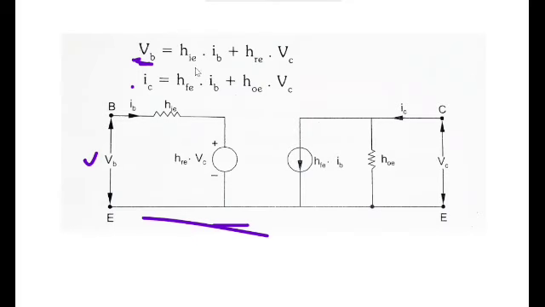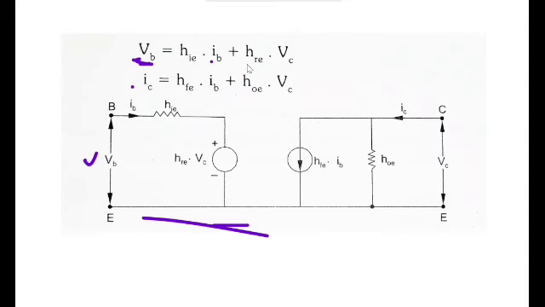In H11, it is HIE, the input impedance in emitter configuration, and H11 into I1, where I1 is IB, the base current, the input current. So it is written as HIE into IB.